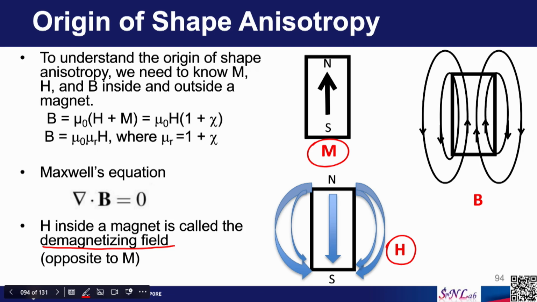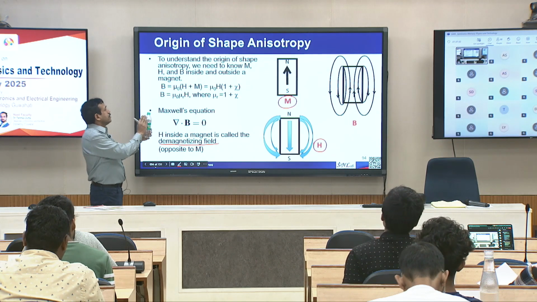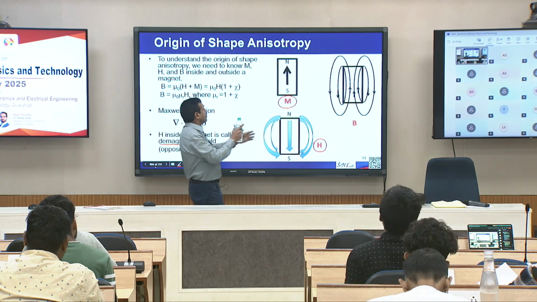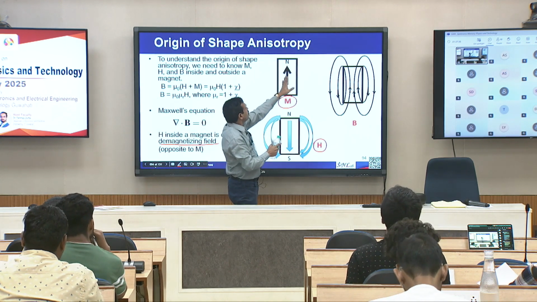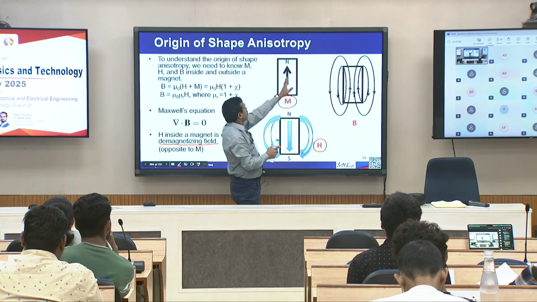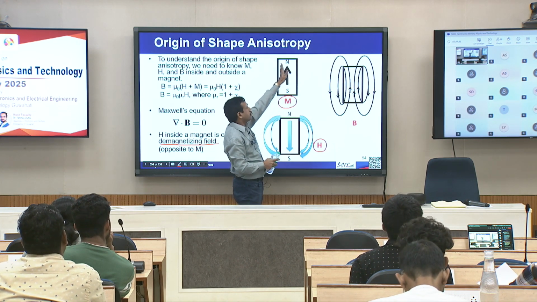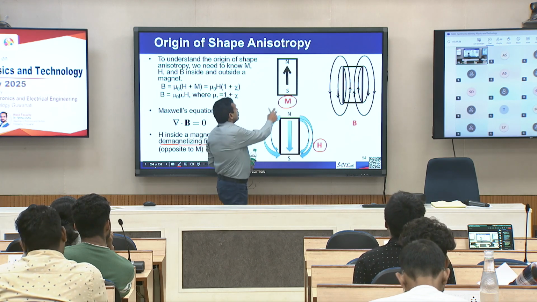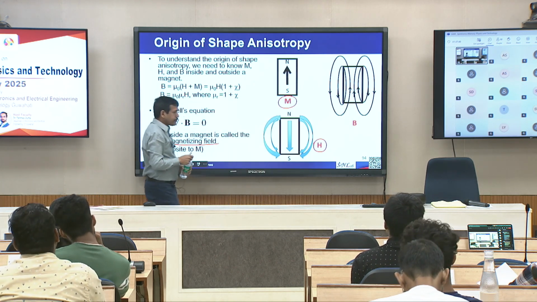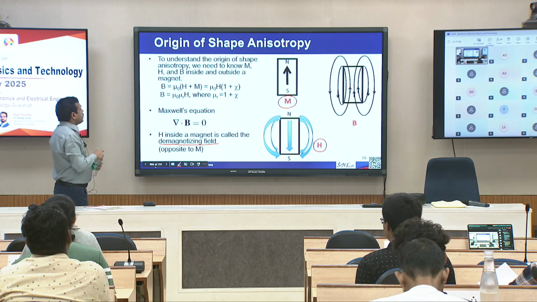Let us say you have a piece of magnetic material and you apply a certain magnetic field. Then you can orient the magnetic moments of this particular material along a certain direction. So, we can say the magnetization of this material is pointing along this direction.